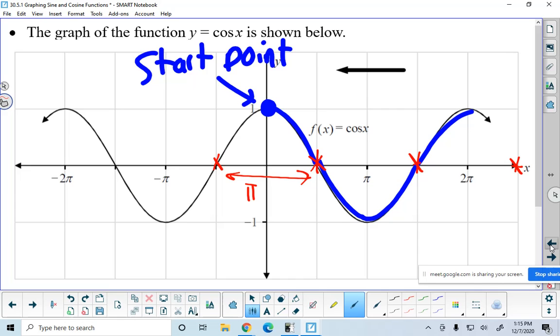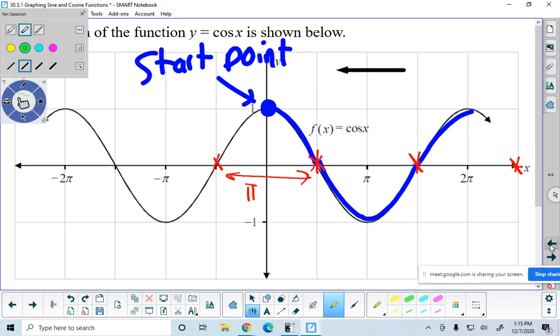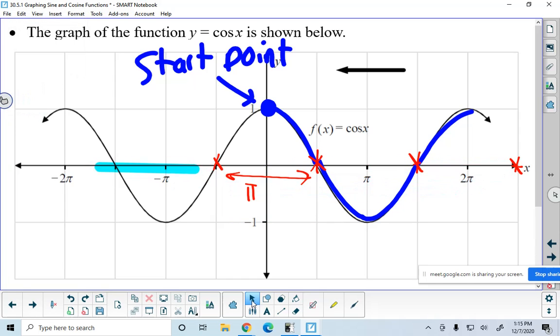I want you to let that sink in. That distance of pi, horizontally on the horizontal axis, is always the distance between the x-intercepts. So what we can do is say that the first x-intercept is here, which is at pi over 2.